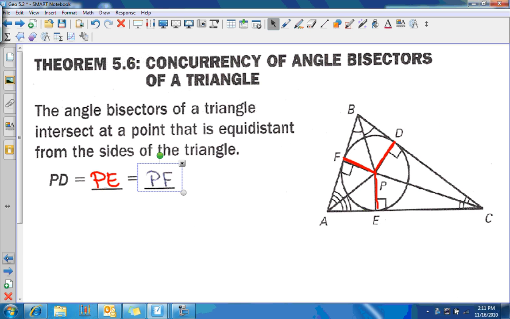Now notice, these don't have to be perpendicular bisectors. They don't mark that, so you don't know that they're perpendicular bisectors. You do know they make a 90-degree angle. You know they're perpendicular, but you don't know if they're bisecting. So beware of that. This is the incenter, not the circumcenter.